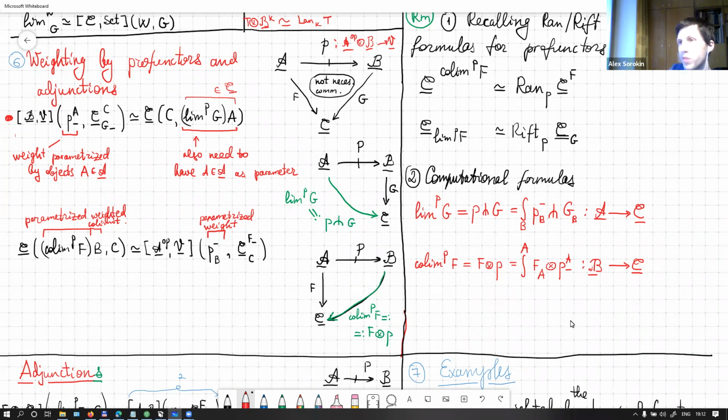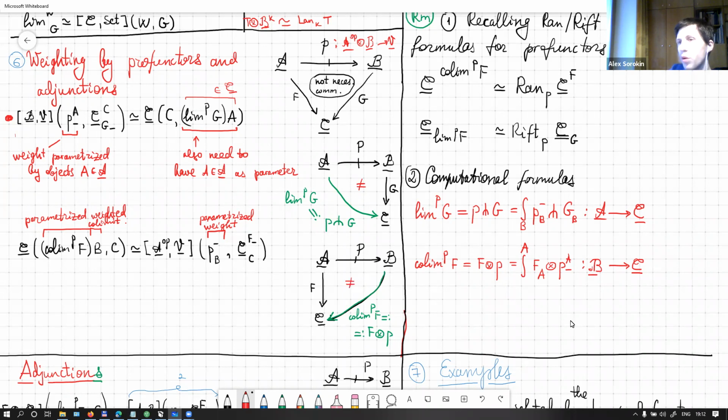But since it's parameterized by objects of category A, and it can be checked that this thing is functorial, we will see that the limit of a functor weighted by a profunctor becomes a functor from category A to category C. Here is precisely the picture below the upper triangle, where I just wrote not equal. All these triangles are not necessarily commutative. It's just three functors given by a diagram.